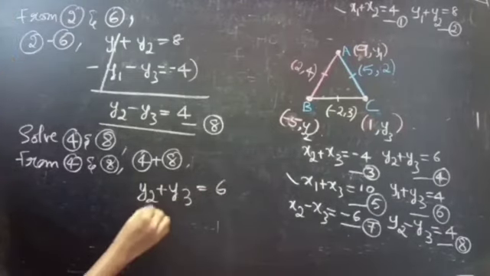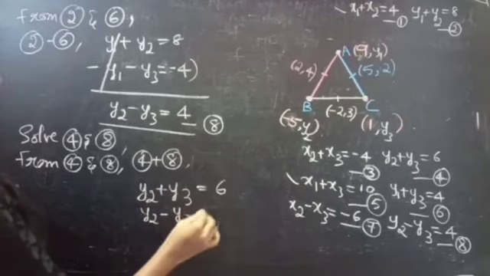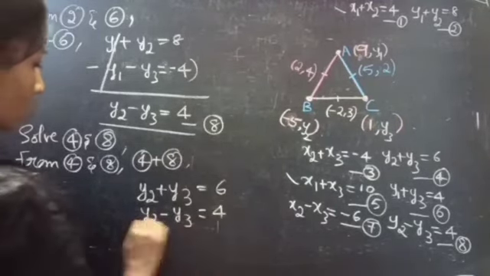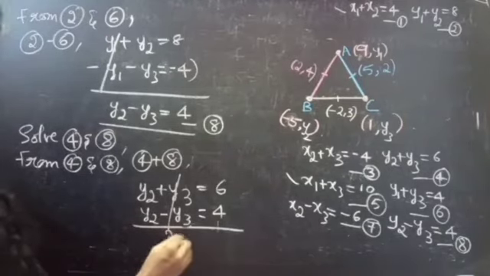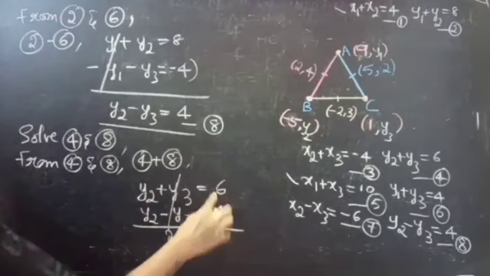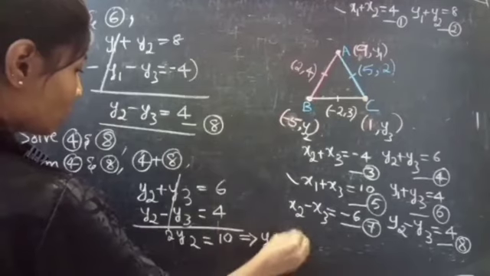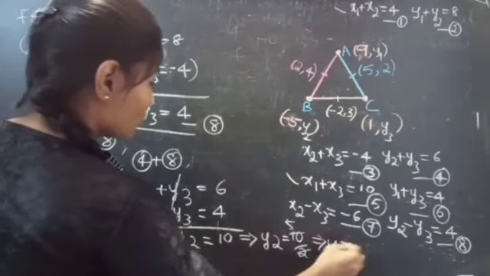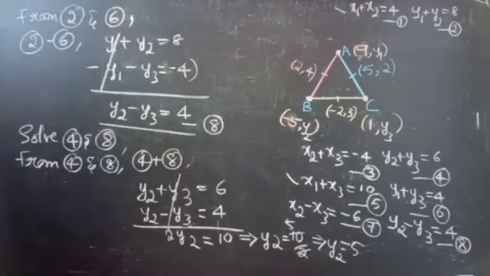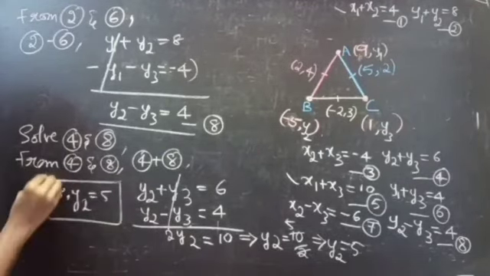This is our equation 4, and now we write equation 8. The y3 and minus y3 get cancelled, and y2 plus y2 is 2y2. So 2y2 equals 6 plus 4, which is 10. So y2 equals 10 by 2, which is 5. Therefore, y2 equals 5.